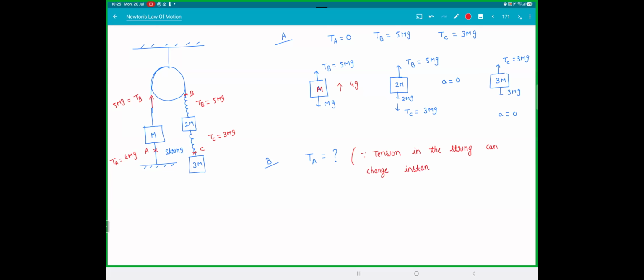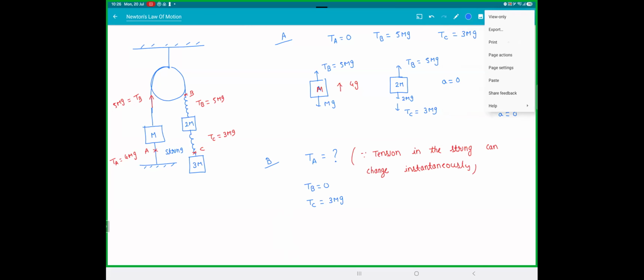So what is the tension at A? We don't know. Okay, let's try to figure it out. Tension at B, that became 0, I'm sure. Tension at C, that didn't change. Great. Let's start with A. So we draw the FBD of the block: TA, and your TB becomes 0.